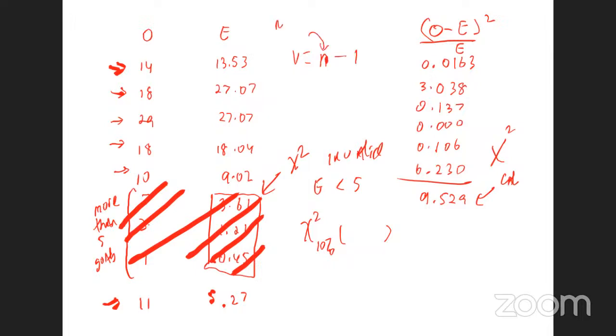So N is the number of groups or classes, anything you want to call it, minus 1. So that's 6 minus 1. So you go to your table and read off chi-squared 10%, 5 degrees of freedom, and that will give you your rejection region.